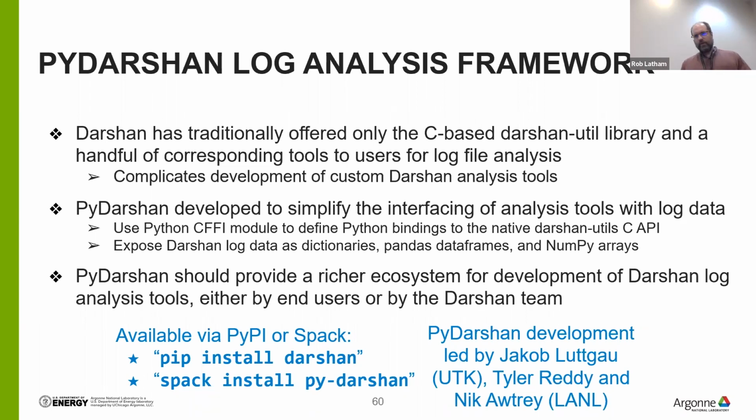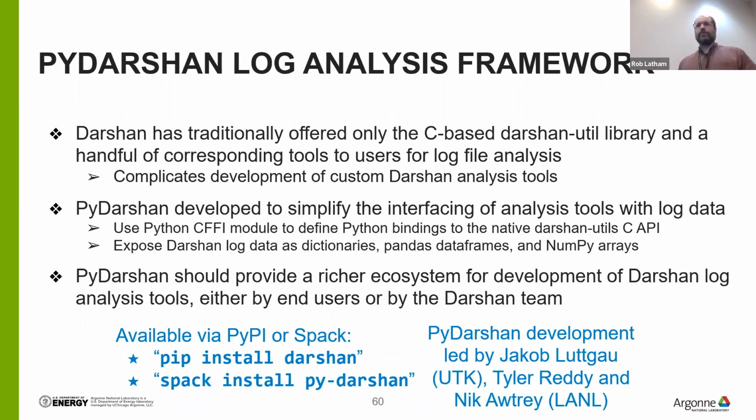In the old days, and we still have this piece, you could use a library to pull Darshan records out and work with them at a C level. I program in C all the time, I use it constantly, but it's not the best choice for something like this where you want to rapidly visualize data.